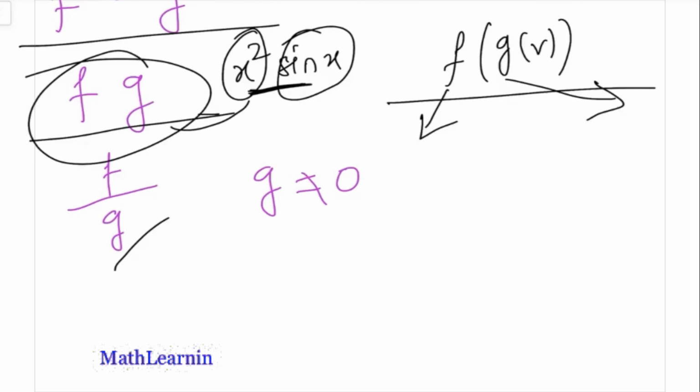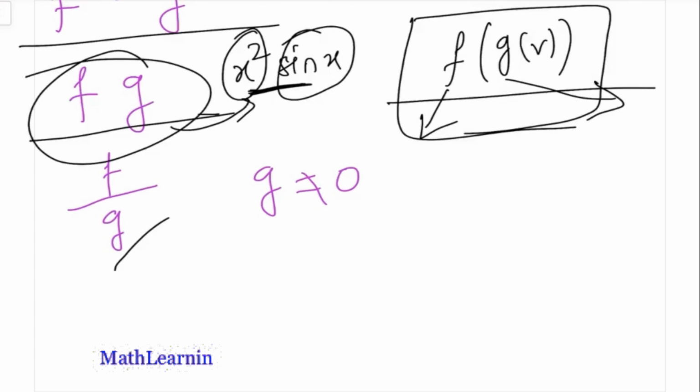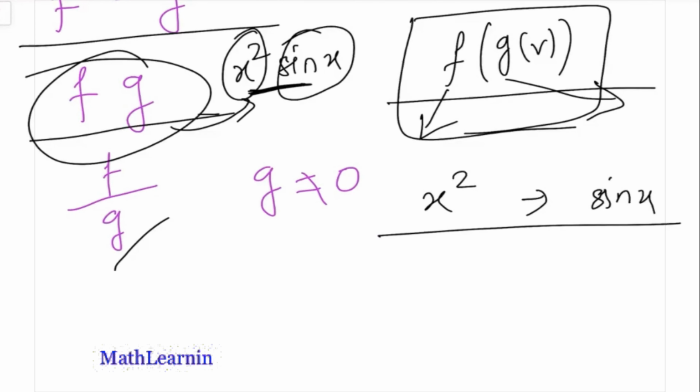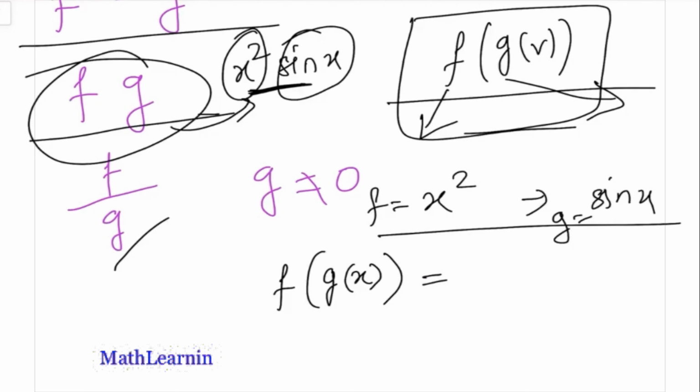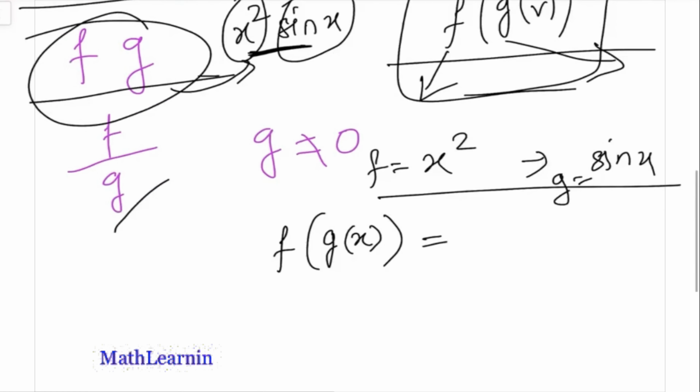Similarly, can you give me a composite function example? Take f equal to x square and g equal to sin x, and tell me what will be the composition of them. What will be f of g if f is x square and g is sin x?